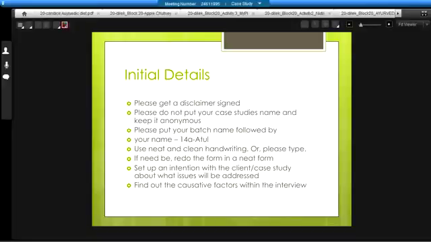My disclaimer, for me, is a 35-page packet that people have to sign. Mine is a little different because people have to sign all sorts of privacy waivers and things like that.